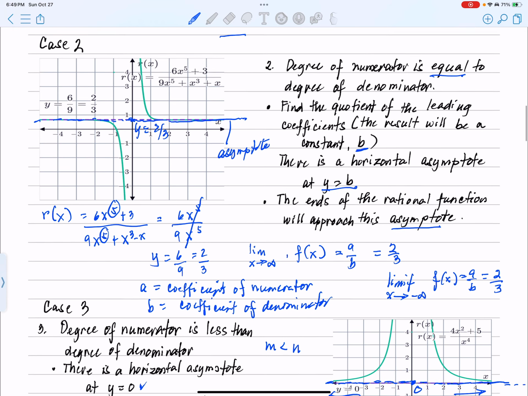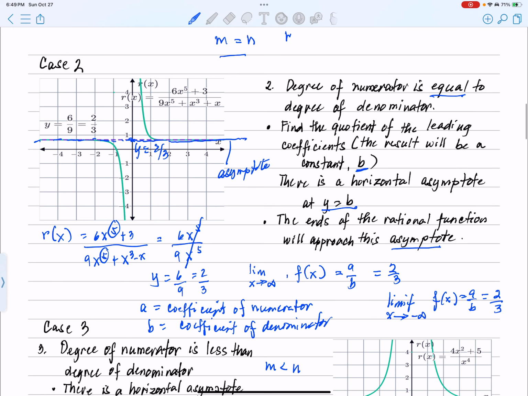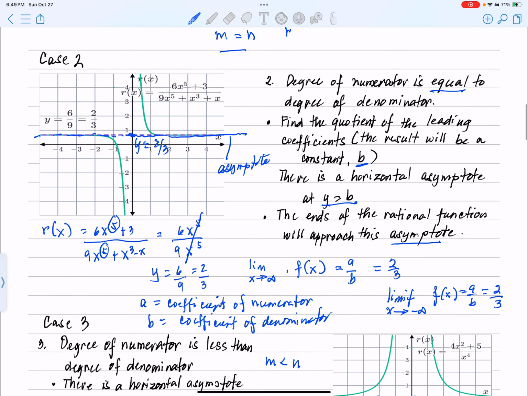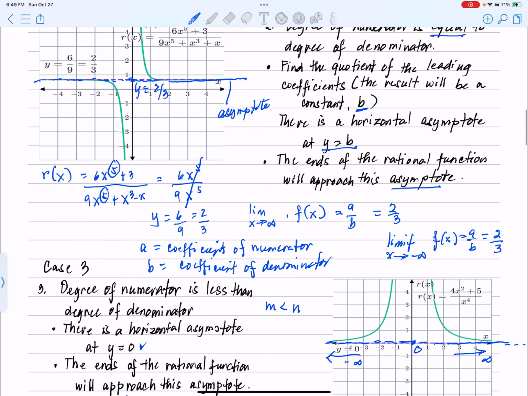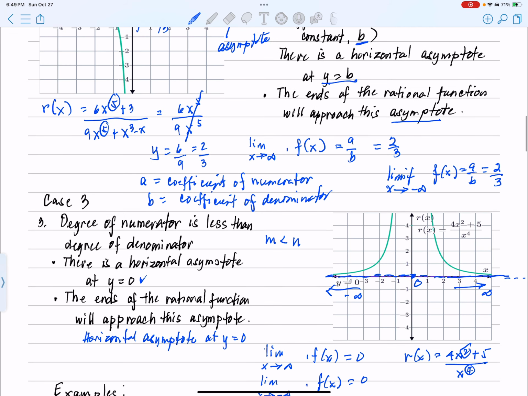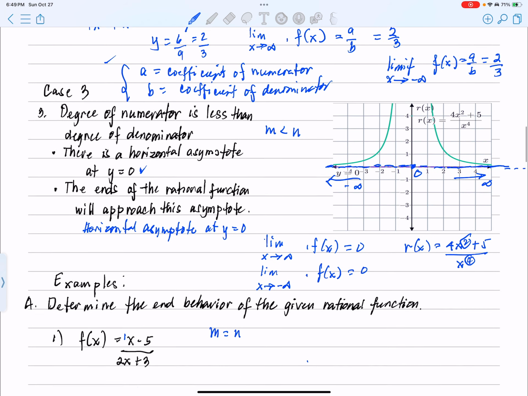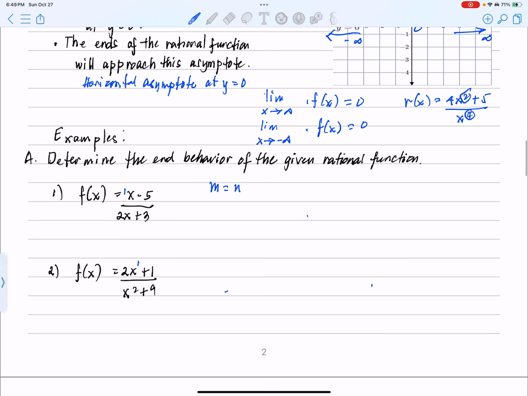Okay, I'll go back to here. In case 2, they are equal. Do we have an asymptote here? The asymptote is the ratio of the coefficient of the numerator over the coefficient of the denominator for case number 2. So our numerator is x, the coefficient there is 1. The denominator is 2x. That means y equals 1/2.